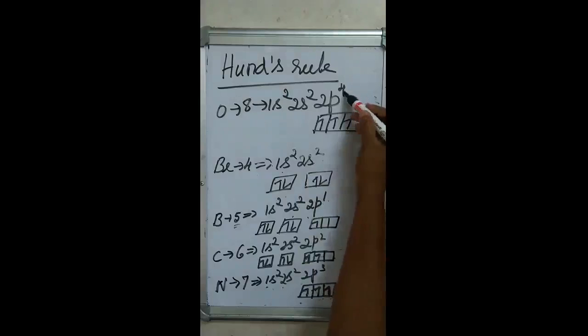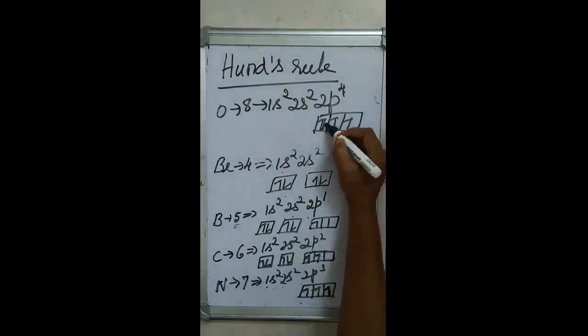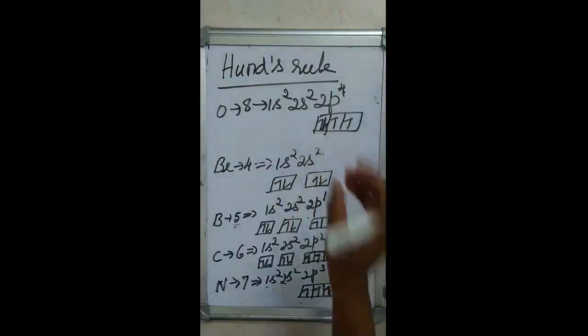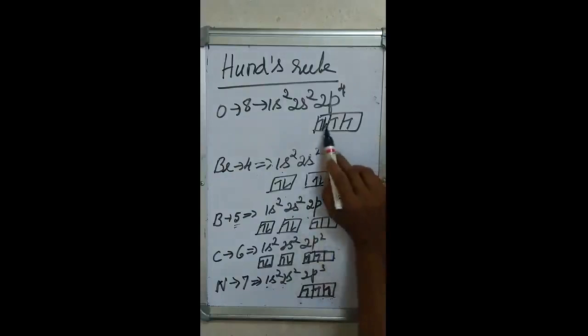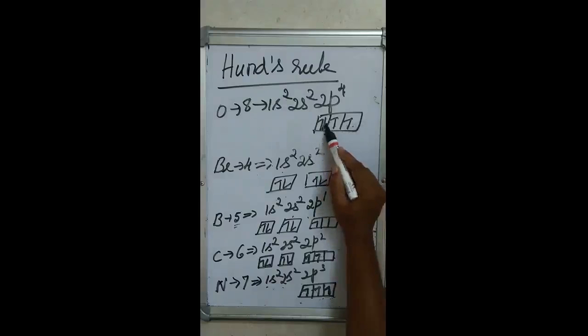Now the fourth electron, it started pairing. So what is told? No pairing of electrons takes place until each orbital of the p subshell is singly occupied by the parallel spin of the electron. Now each orbital is filled with a single electron. Now one more is left. So now pairing takes place.